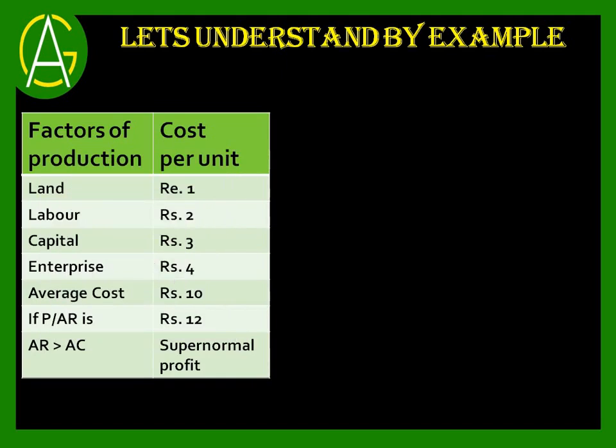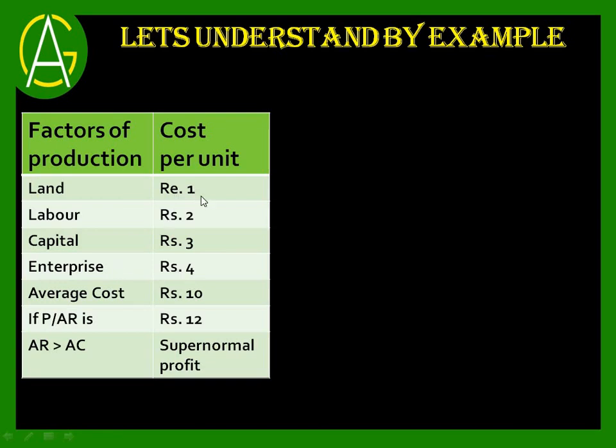See, in order to manufacture a product, we need the services of all the factors of production. Here the factors of production are given. The cost of land is 1 rupee, the cost of labor is 2 rupees, the cost of capital is 3 rupees, and the enterprise, that is the entrepreneur, is paid 4 rupees.